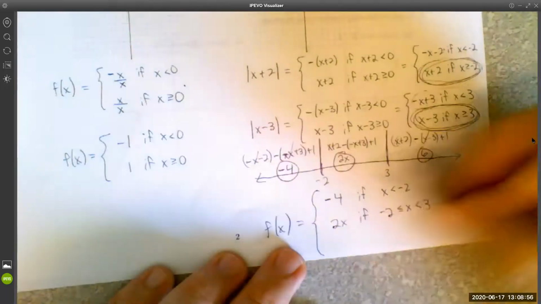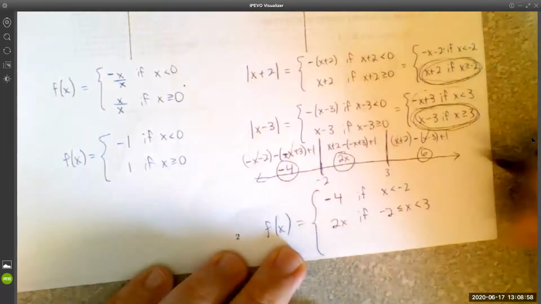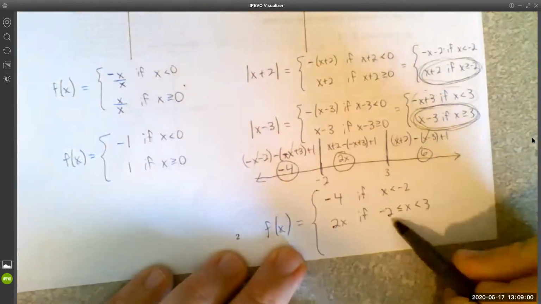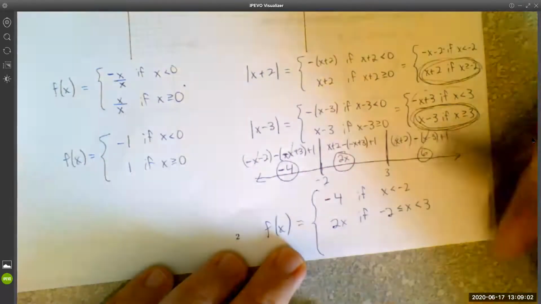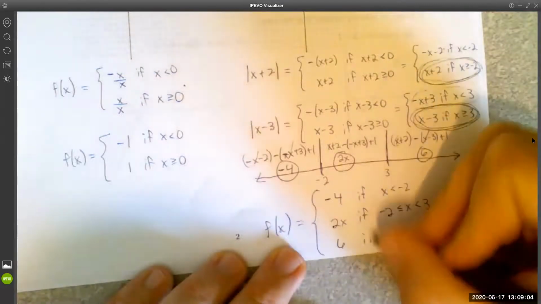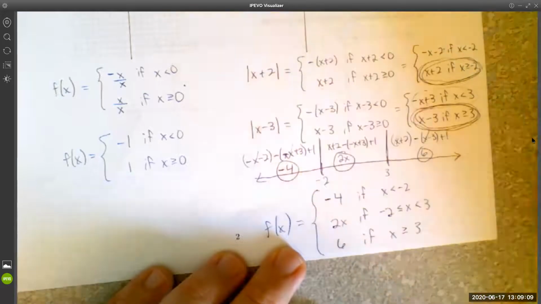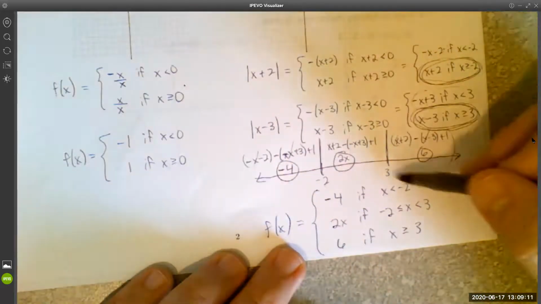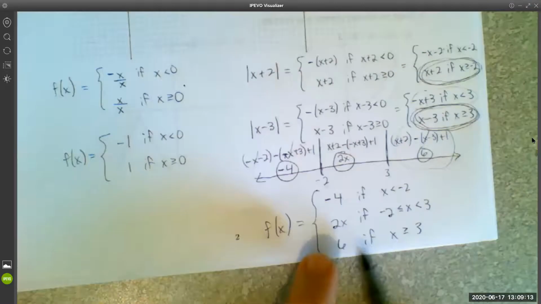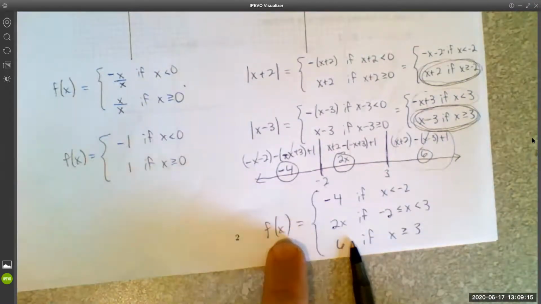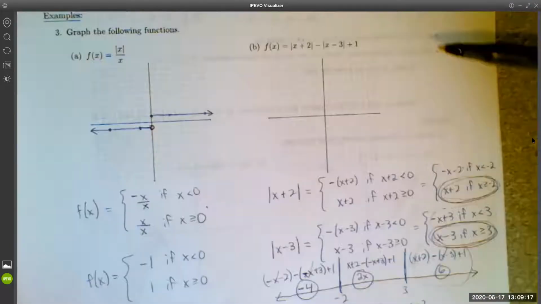That takes care of the middle region. And then in the third region, f of x is going to be 6. This happens if x is bigger than or equal to 3. So this is the function, right? This is another way to express this function.